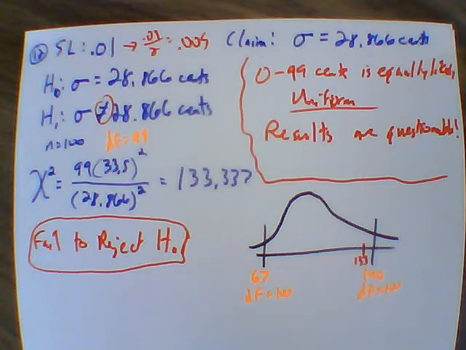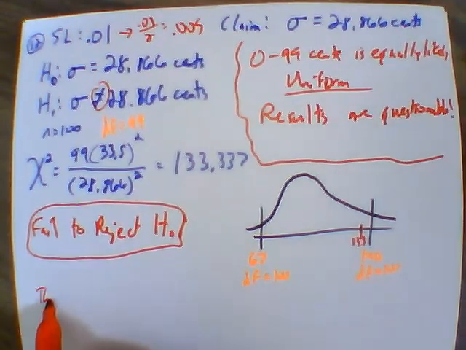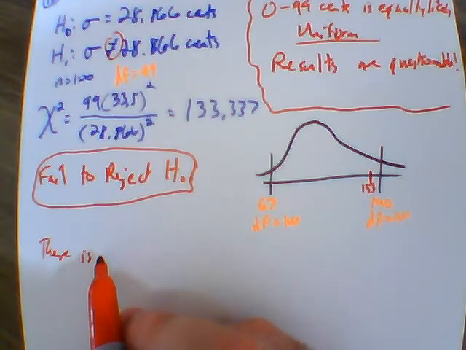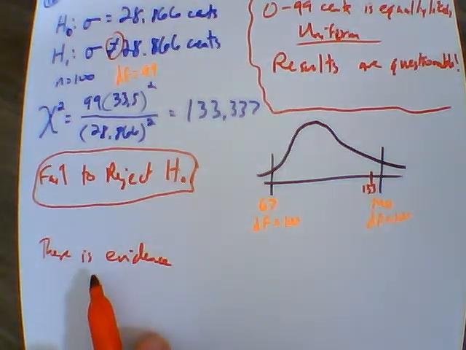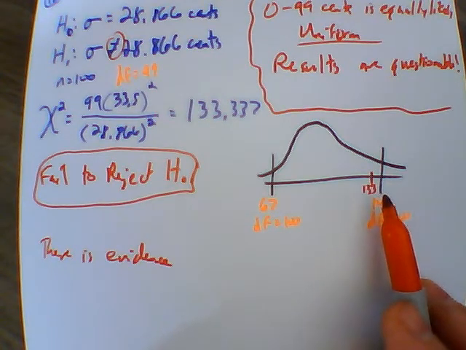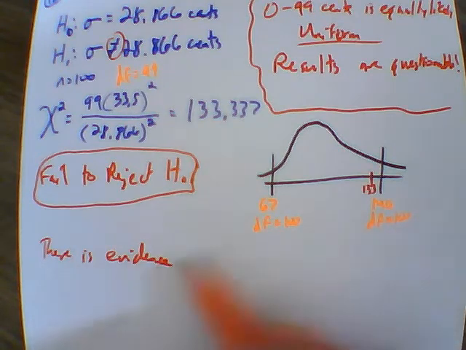The null hypothesis was part of our claim, so now we'll state that there is evidence. Notice I did not use the words sufficient evidence here. Because of how I had to test this, I couldn't precisely define it, and our values are fairly close, so there's just evidence.